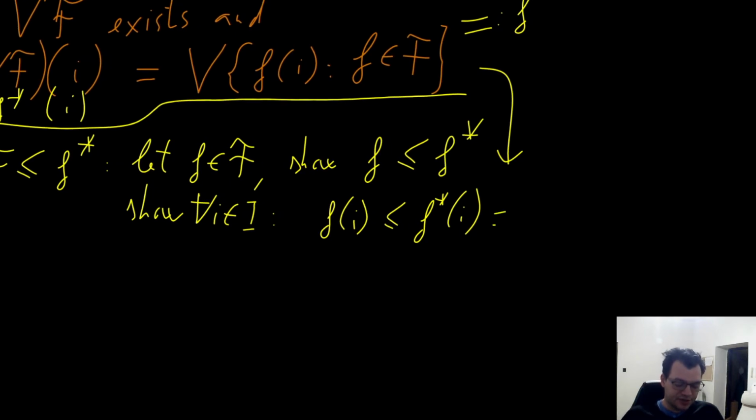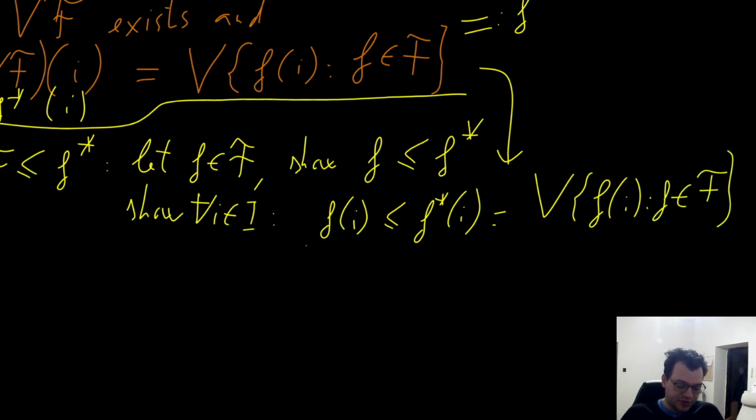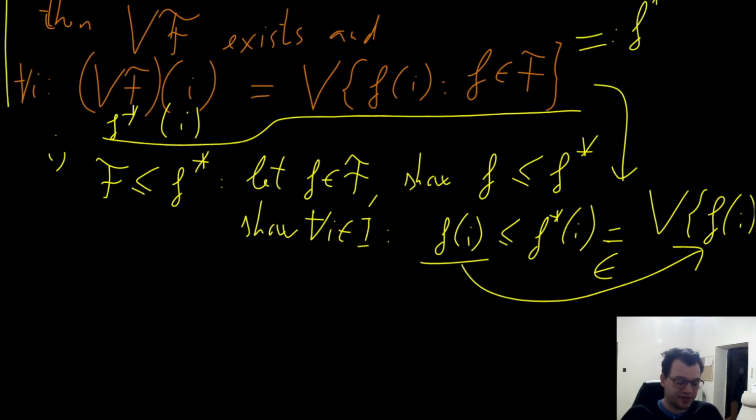And this is just the supremum of a set in F. And of course, this guy is an element of the set whose supremum is f star, meaning f star is of course at least as large as f of i, so f star is at least as large as f itself, so f star is actually an upper bound of F. That's fine.